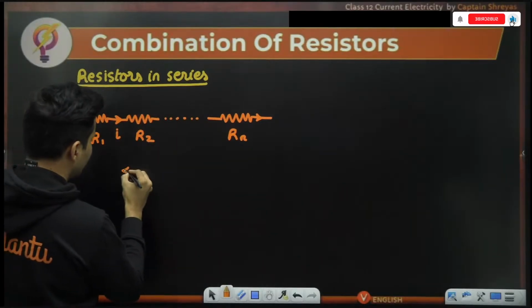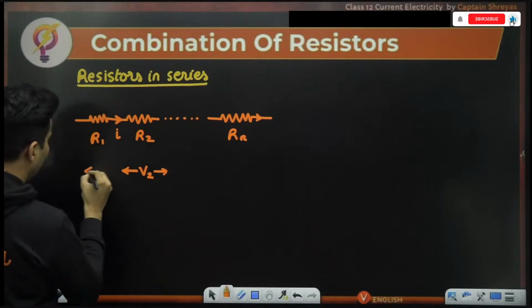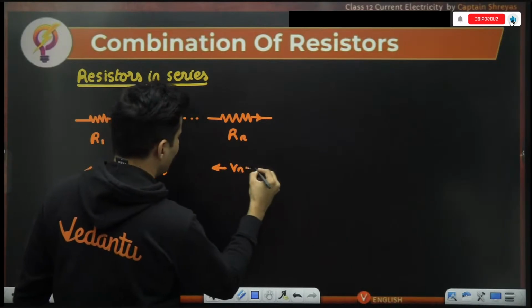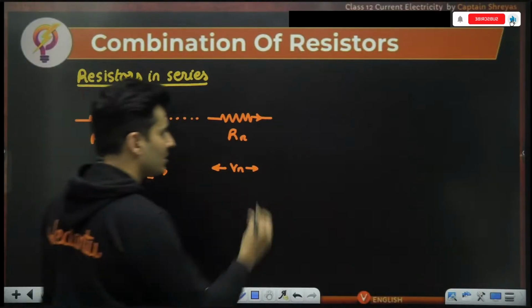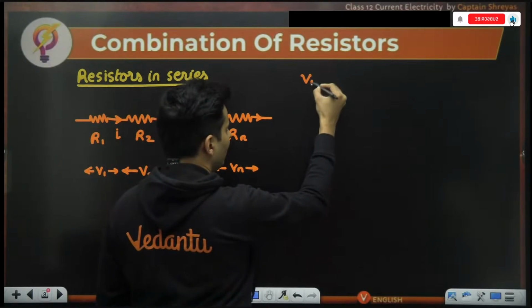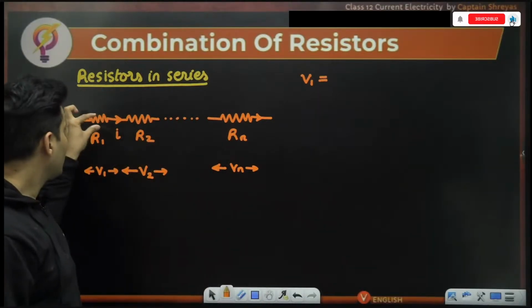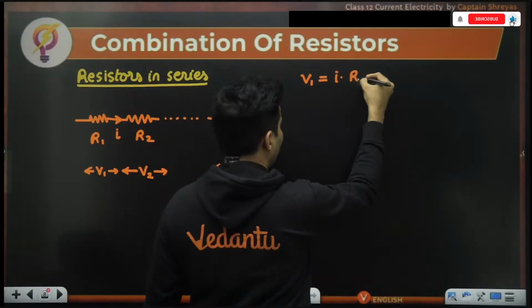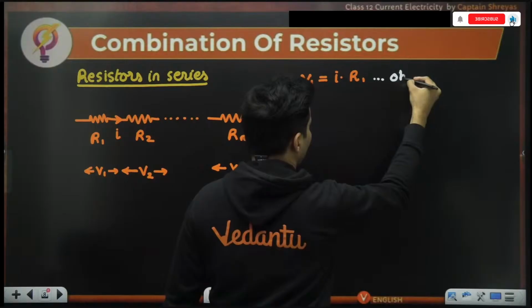Let's say you take this resistor and you want to find the voltage V2, or you want to find the voltage V1, or Vn, or V3, doesn't matter. Each of these voltages, say for example V1, will be by Ohm's law current into that resistance. So it will be current multiplied by that resistance. This is plain and simple Ohm's law.